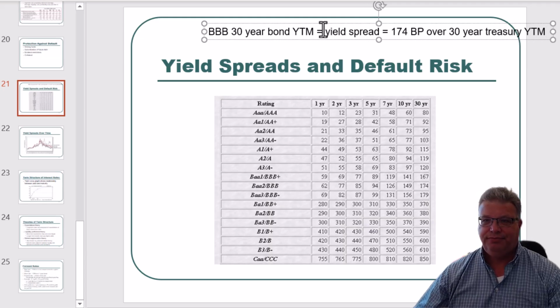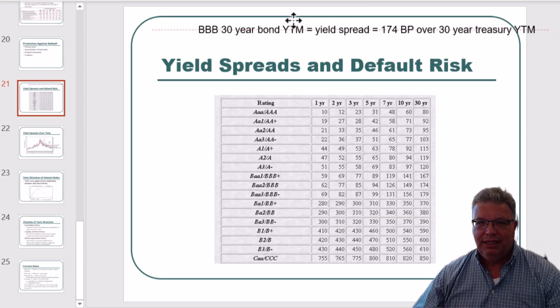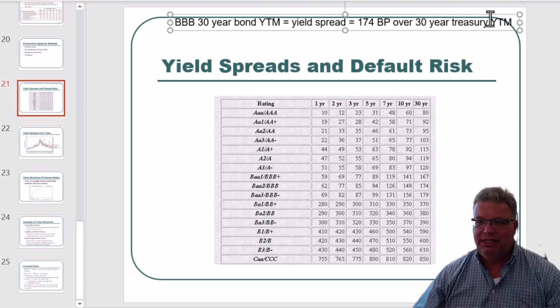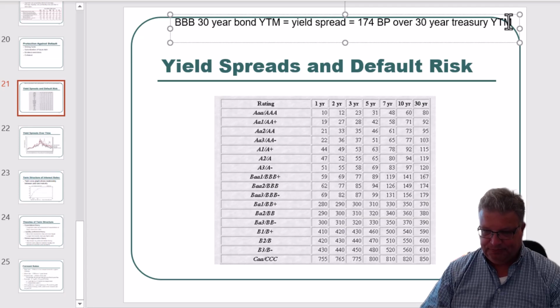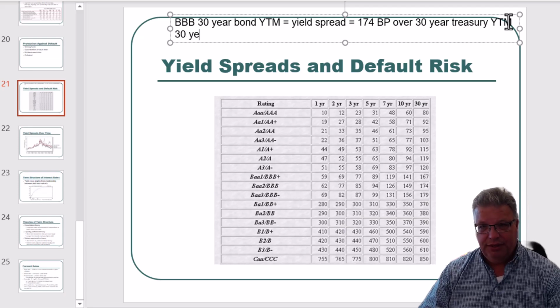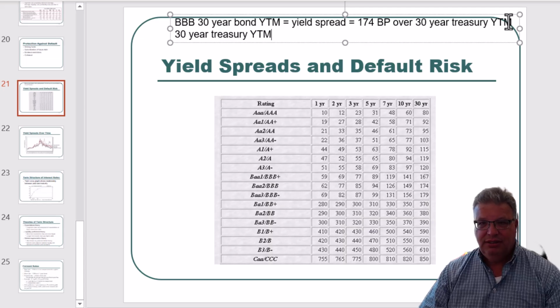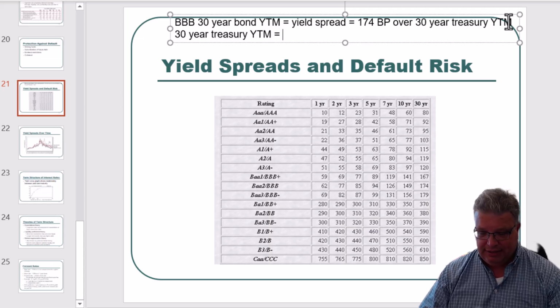So that's what this table represents. And what we need now is, let's assume the 30-year Treasury yield to maturity is 4%.